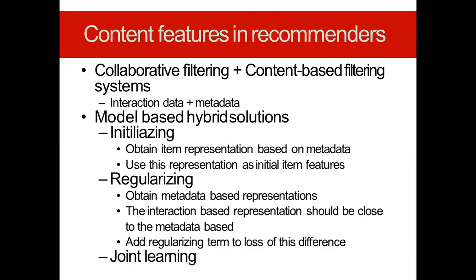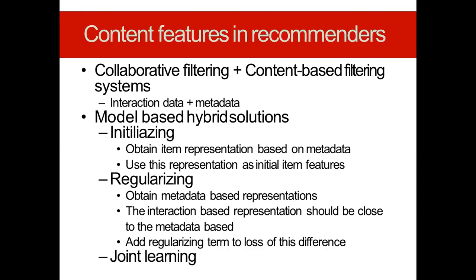The first one is to use the representation we learned from the deep learning model as the initial values for the latent factors. Even the latent factor models, if you look at the objective functions, are non-convex, which means if you use different initial values, you may get different results.